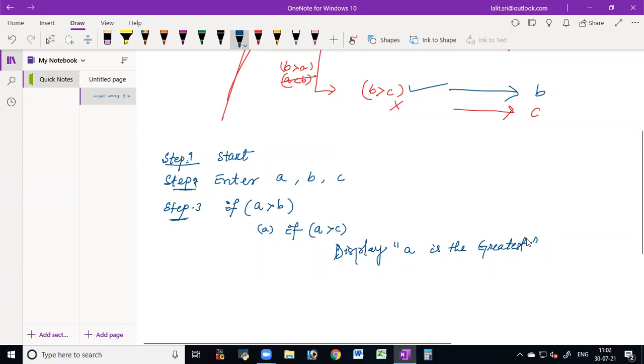Clear? Otherwise, here you can write if A greater than C, then display, or only display. Otherwise display C is the greatest.